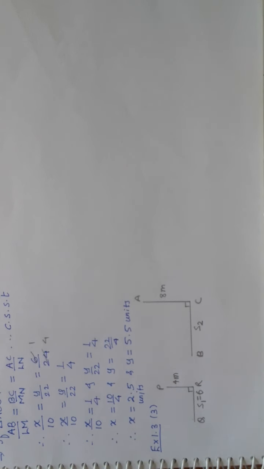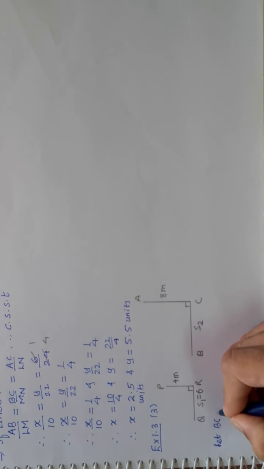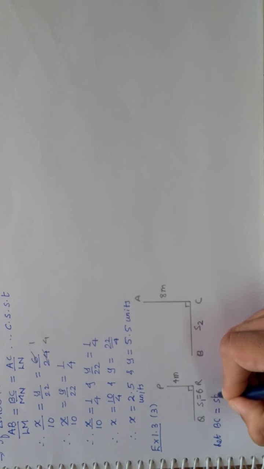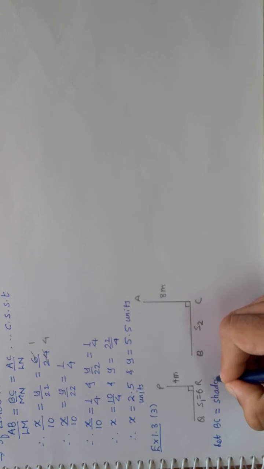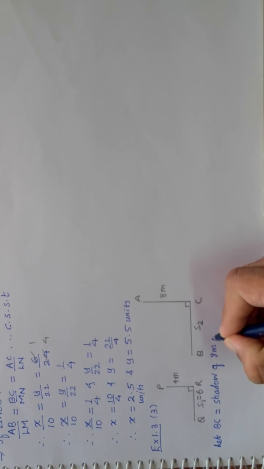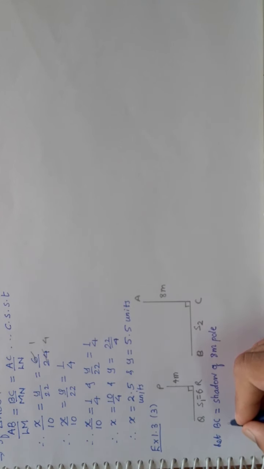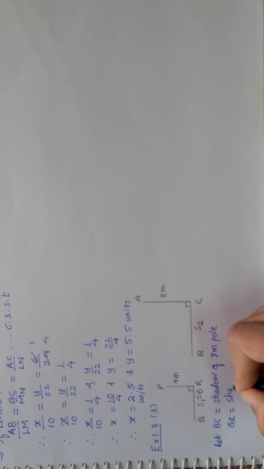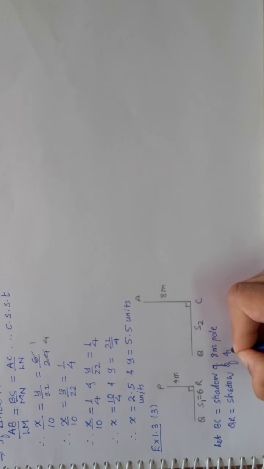Okay, so I will say here, let BC be the shadow of the 8 meter pole and QR is the shadow of the 4 meter pole, right?